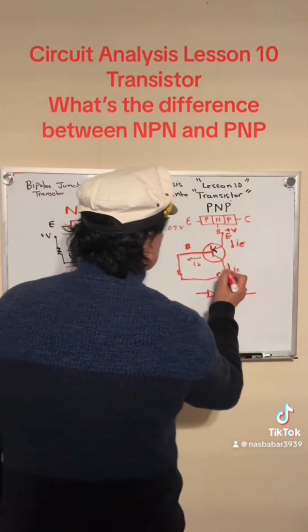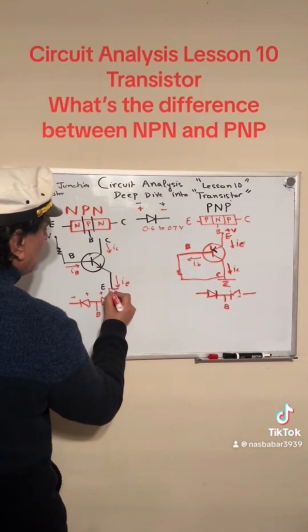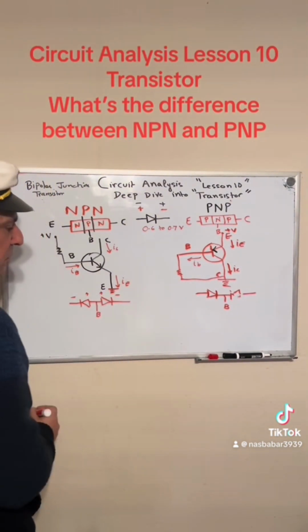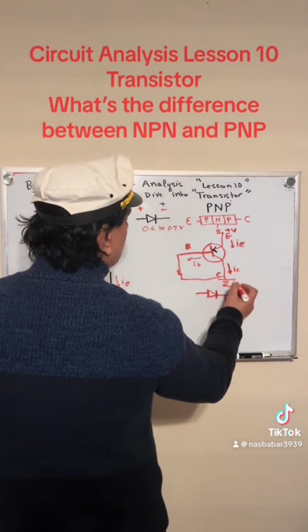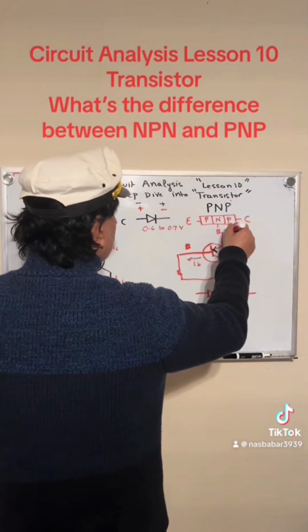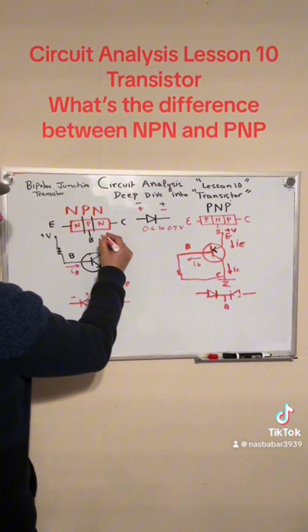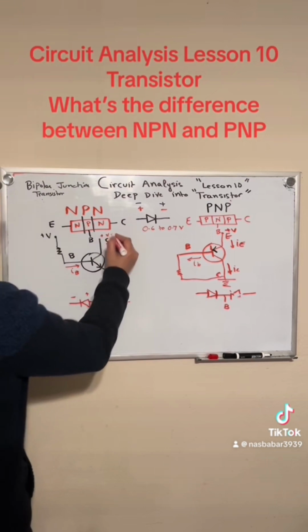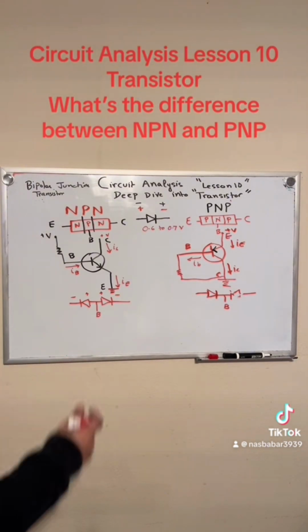Okay, this is all grounded, and in this case the emitter is grounded, so keep that in mind. In this case the emitter is grounded, in this case the collector is grounded. You have positive voltage connected to the emitter, positive voltage connected to the collector. Okay, so that's basically the configuration of the NPN transistor and PNP.